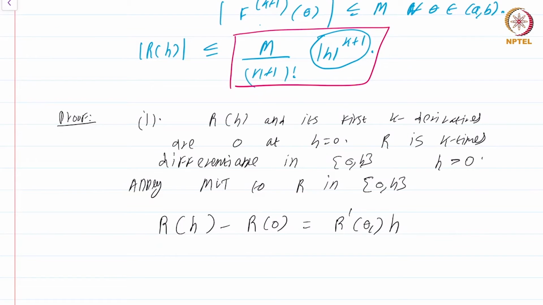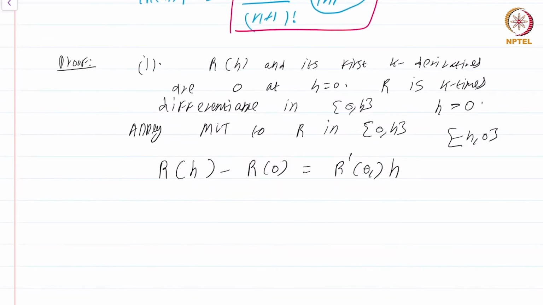If h is less than 0, you just have to apply an analogous argument to [-h, 0]. So R of h minus R of 0 is R prime of theta 1 times h by the mean value theorem, where theta 1 lies in the open interval (0, h).